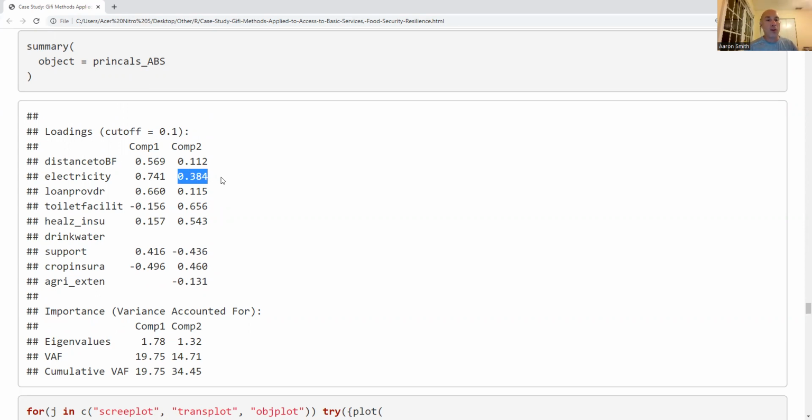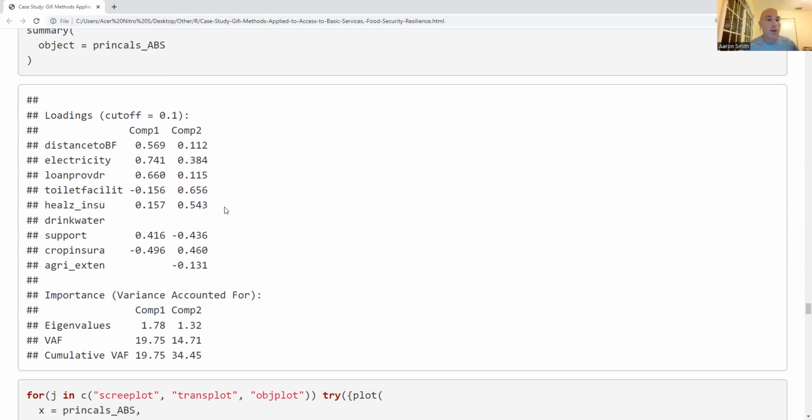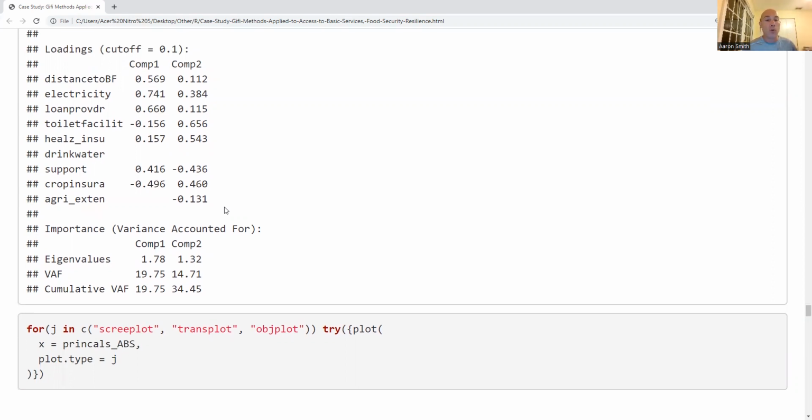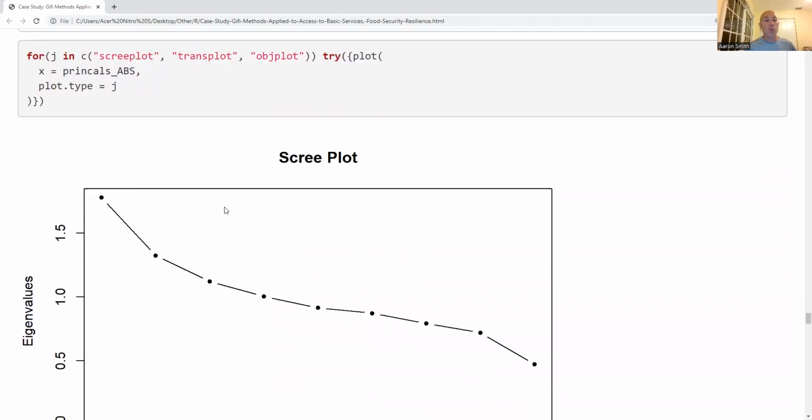Then electricity. And I think I'd stop right there in the interpretation. I don't know what these are corresponding to, but maybe somebody who's more familiar with the data, more familiar with the survey, would be able to reach a conclusion.